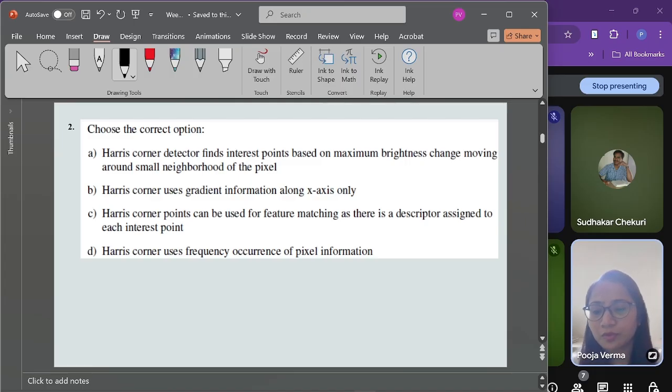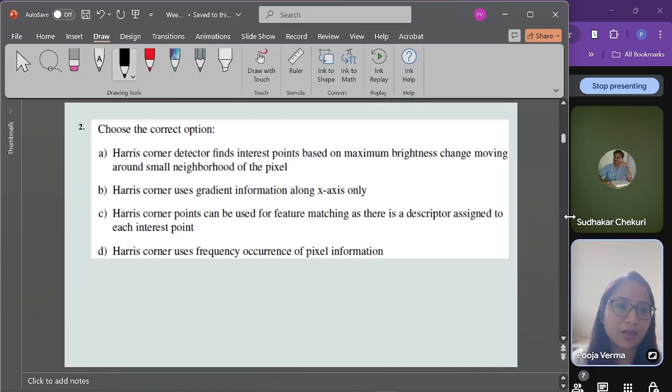So what are the different options which are correct? Can you answer this question at least? This is based on the Harris corner detector. At least make one guess.